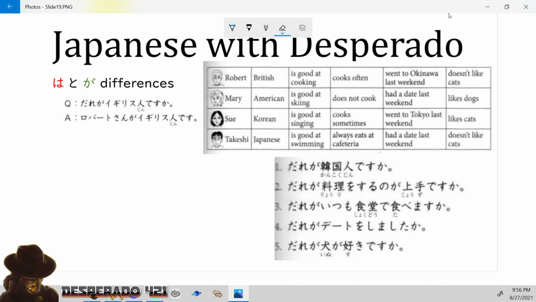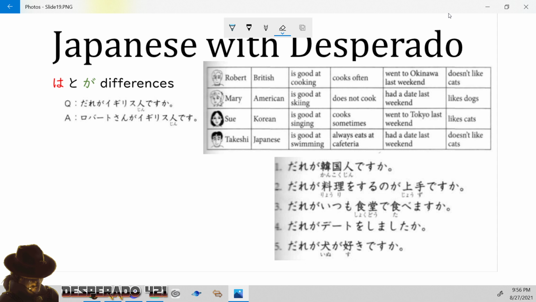Dare ga ryori o suru no ga jouzu desu ka? That's cooking, right? Yep. Ryori suru no ga jouzu.